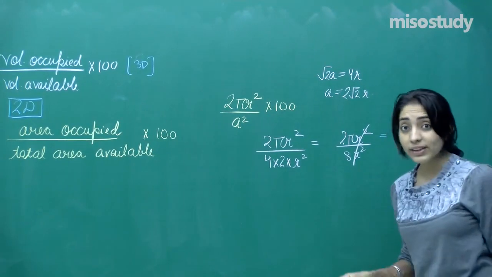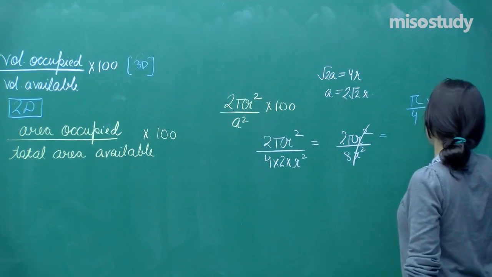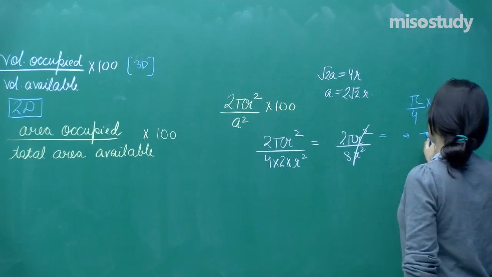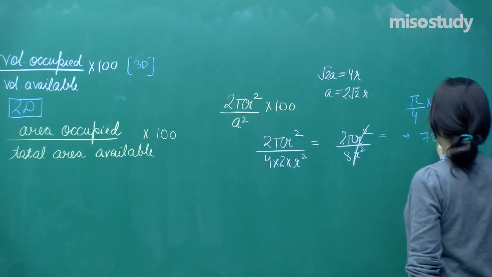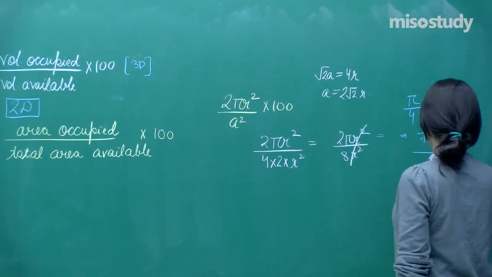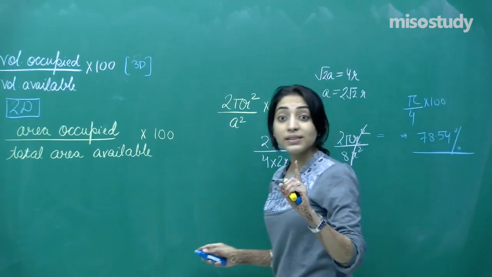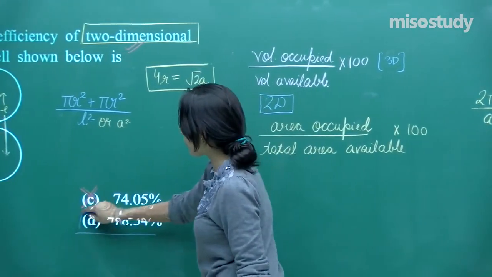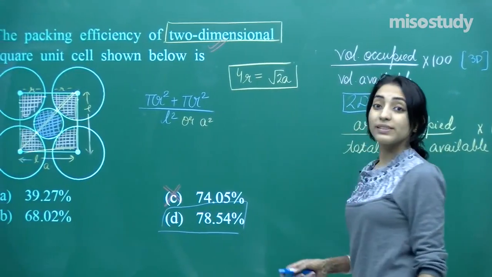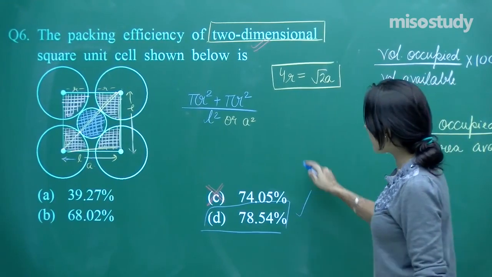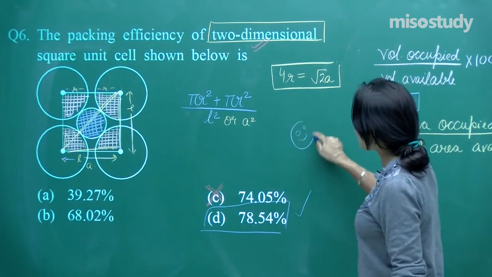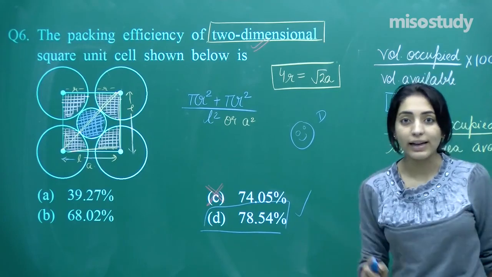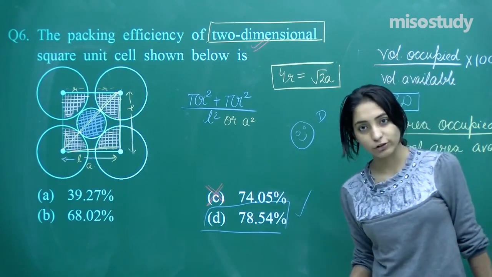And if you solve it, guys, this is a very common value, you will get the answer as 78.54%. So the answer is not 74%, the answer is going to be 78.5%. So don't mark option C as the answer, rather you should be very clear that option D is going to give you the correct answer for this particular question.